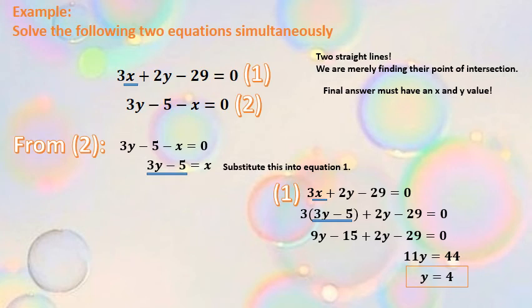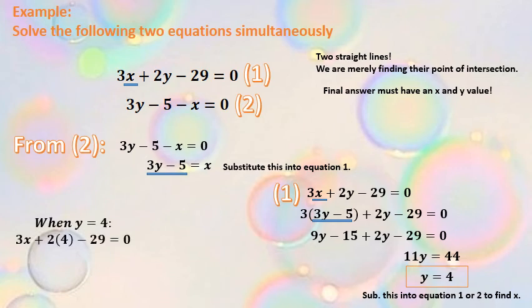Remember, a point of intersection is a coordinate, and a coordinate has an x value and a y value. So let's use y equals 4 to find its corresponding x value by substituting y equals 4 into any equation that we've been given, either 1 or 2.